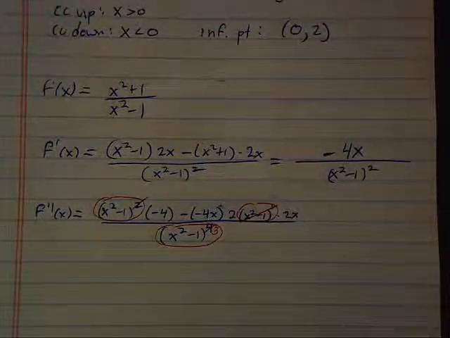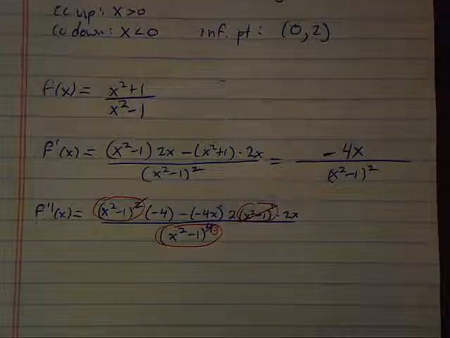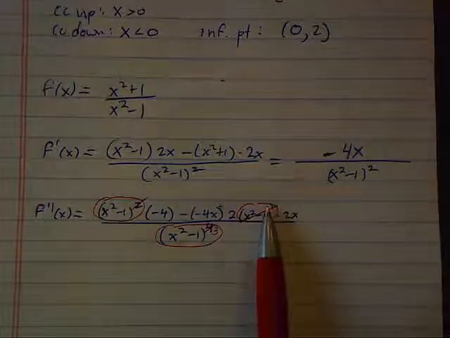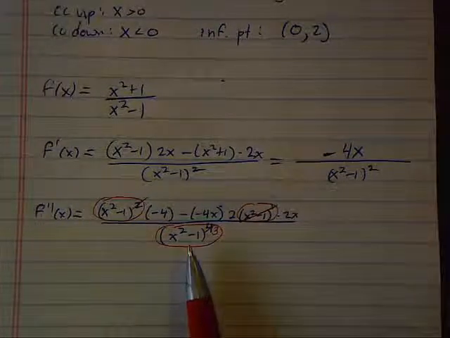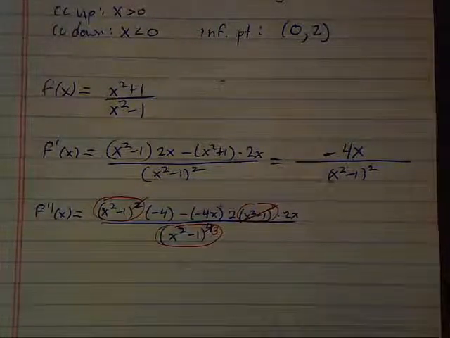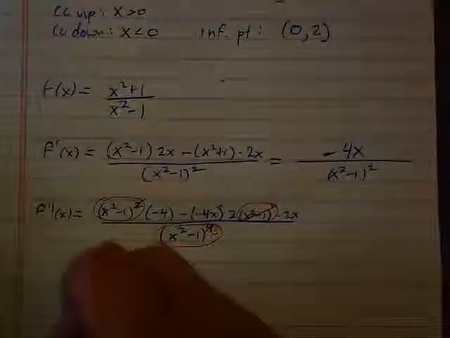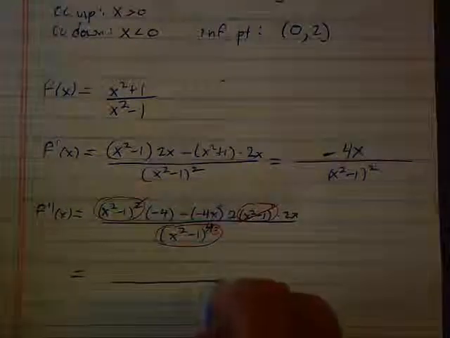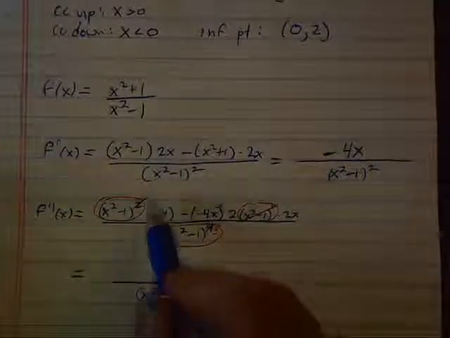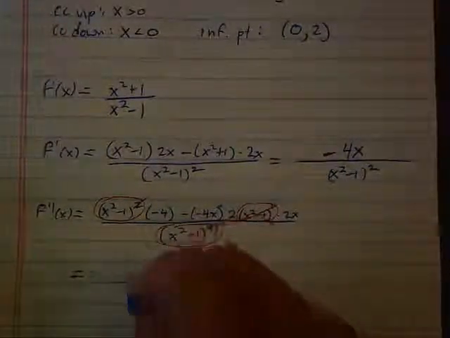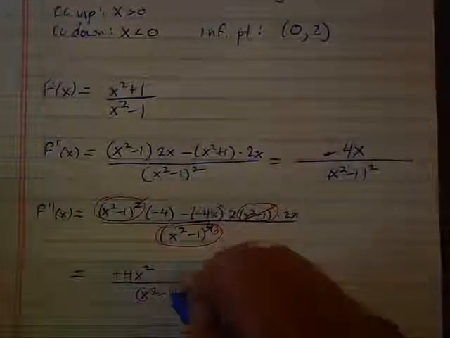So that's the big thing you want to look for on these quotient rule problems. There will always be a common factor up on top like that, and always be something that will cancel with the bottom. All right, so now I think I just got to grind it out and see what I have. On bottom, I have x squared minus 1 cubed. Up on top, I'm just going to distribute here. Negative 4x squared plus 4.